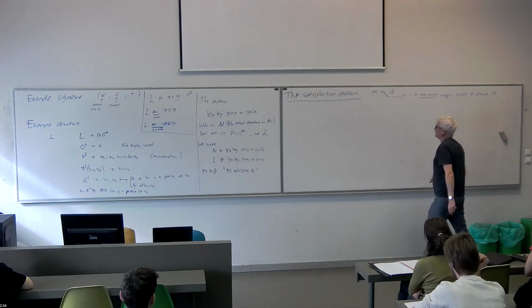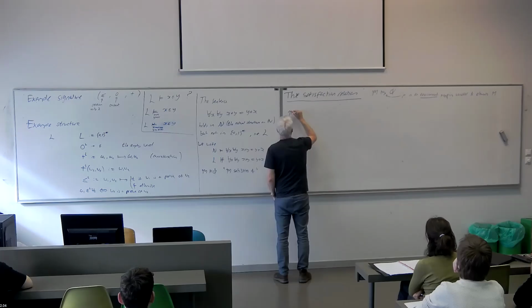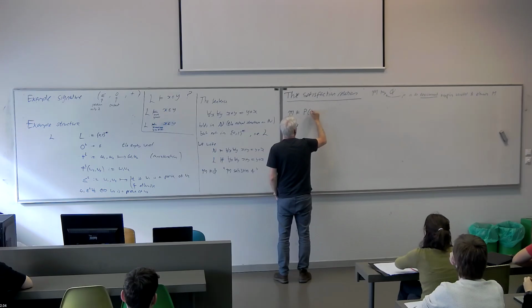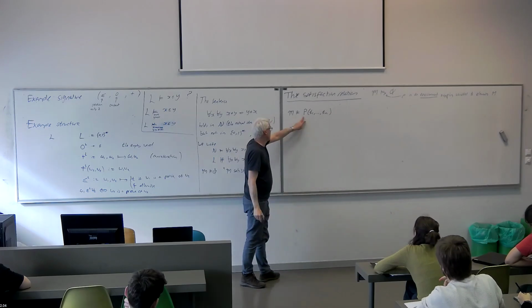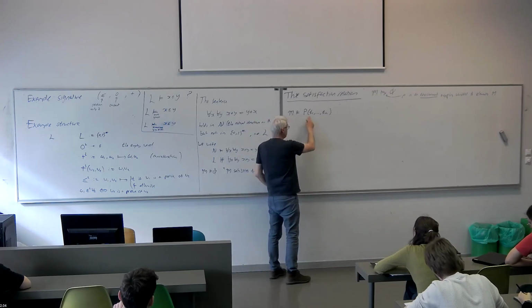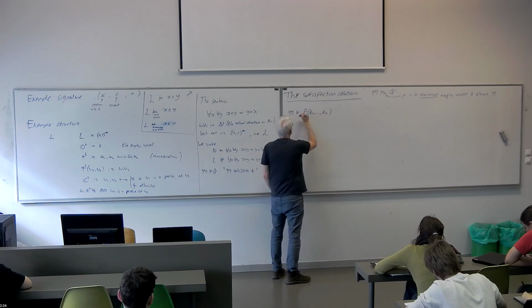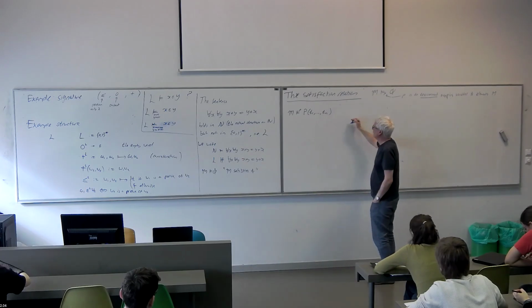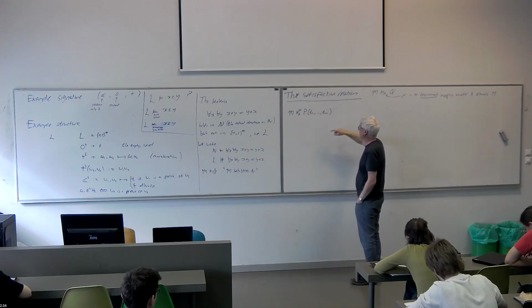So basically we need to consider all the different cases for the formula. It might be an atomic formula, a relation symbol applied to the right number of terms. We're interpreting it in some rho, a function mapping variables to elements of the universe.